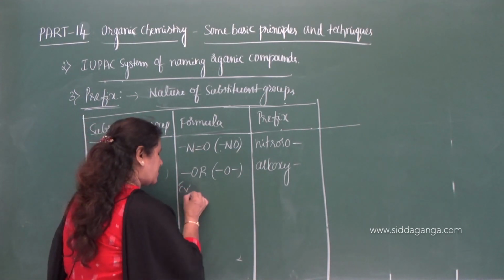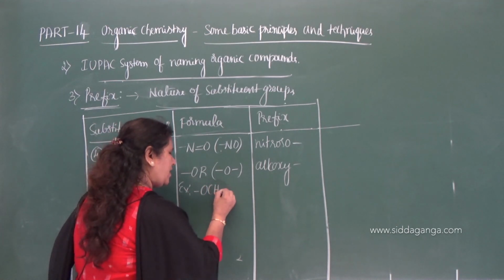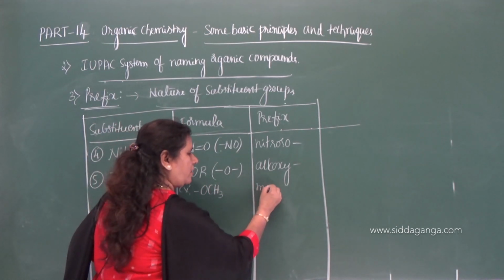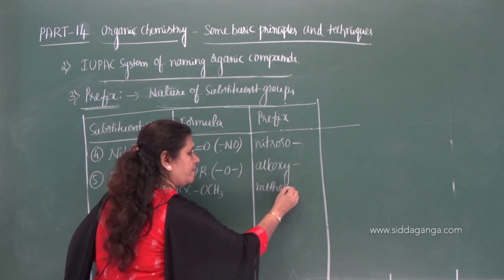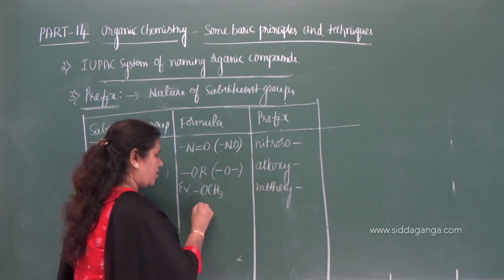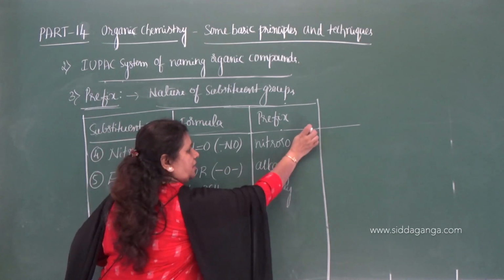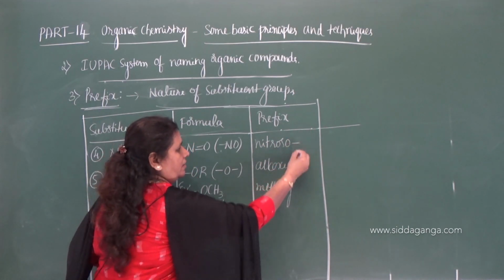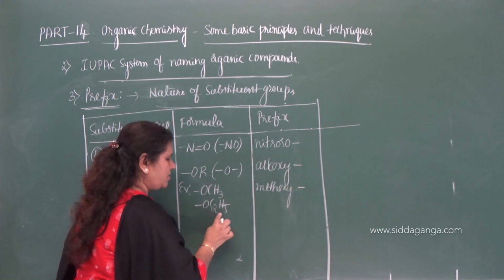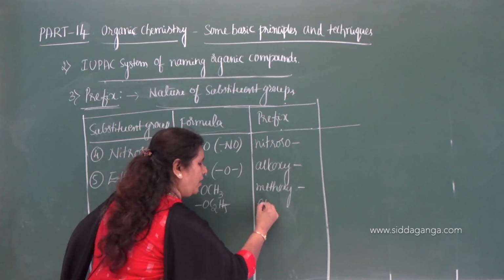That is the prefix. Alkyl group along with the oxygen is alkoxy. Now write down the example. OCH3, methoxy. Methyl group and the oxygen. So OC2H5, then ethoxy.